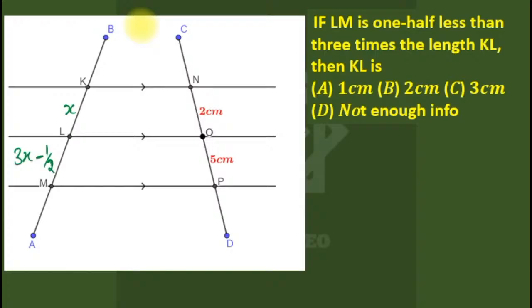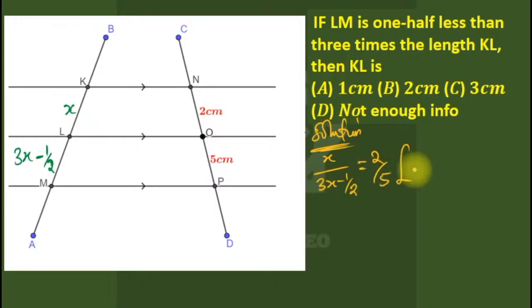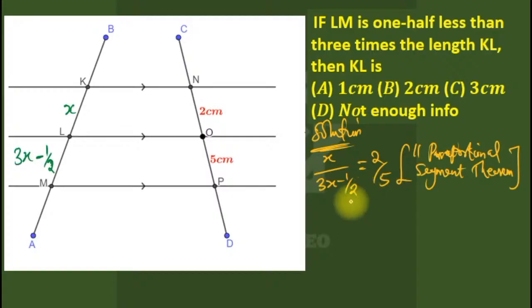So let's finish up. Using our parallel proportional segment theorem, x over 3x minus half is equal to 2 over 5. We cross multiply.